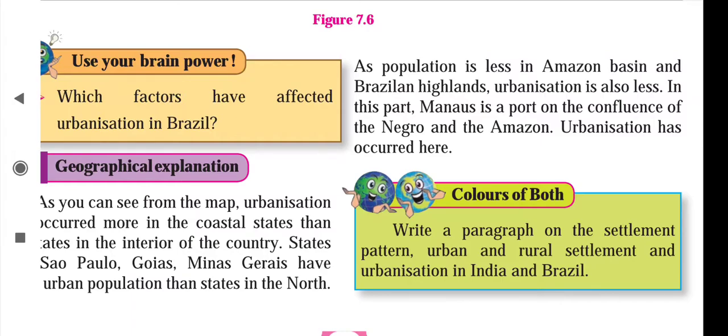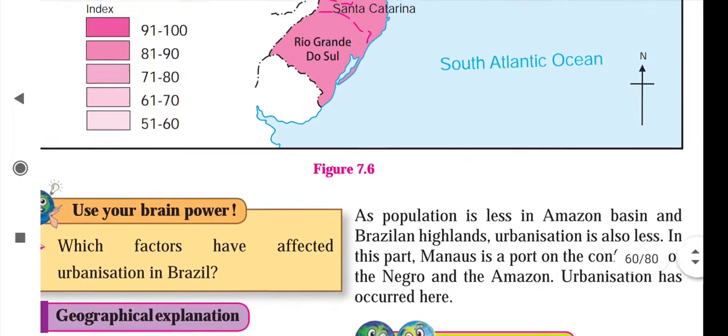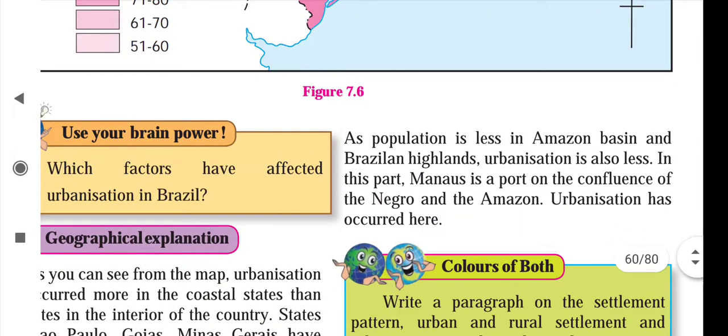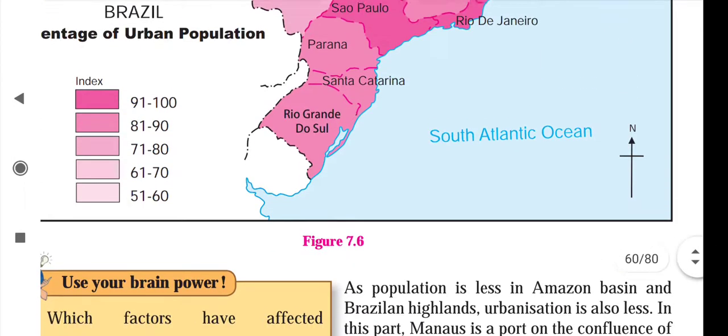In this part, Manaus is a port on the confluence of the Negro and the Amazon. Urbanization has occurred here. So where is that Manaus?